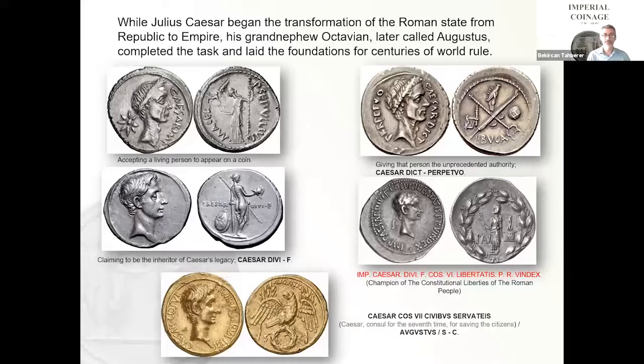And on this gold coin, for the first time, he is proclaimed Augustus, the sublime leader of the Roman Republic still. He never acknowledged that he changed the political system. Yet he did everything within his power to rule on his own.